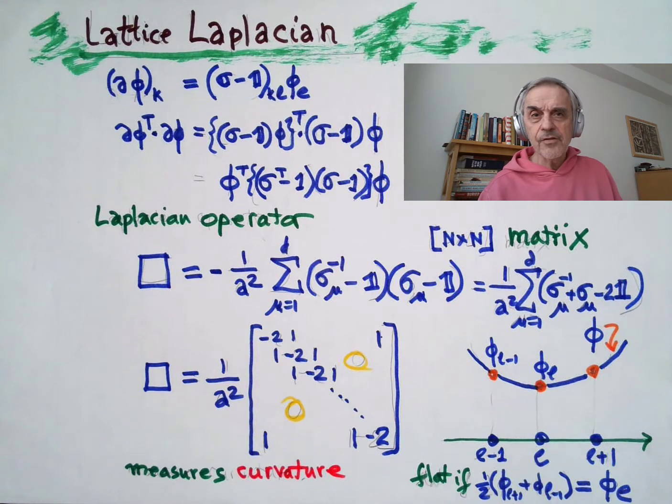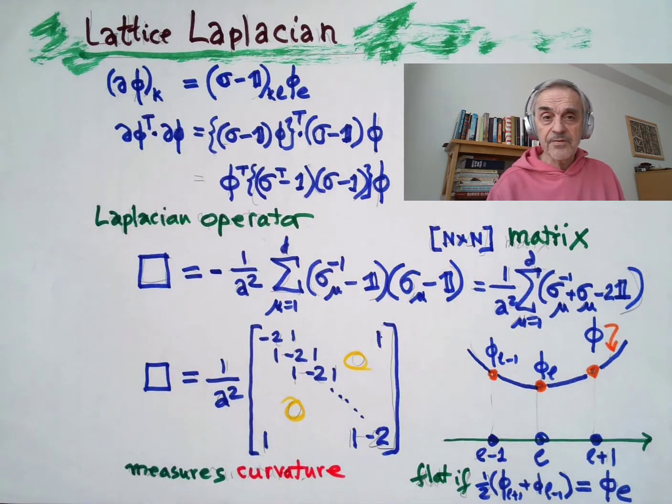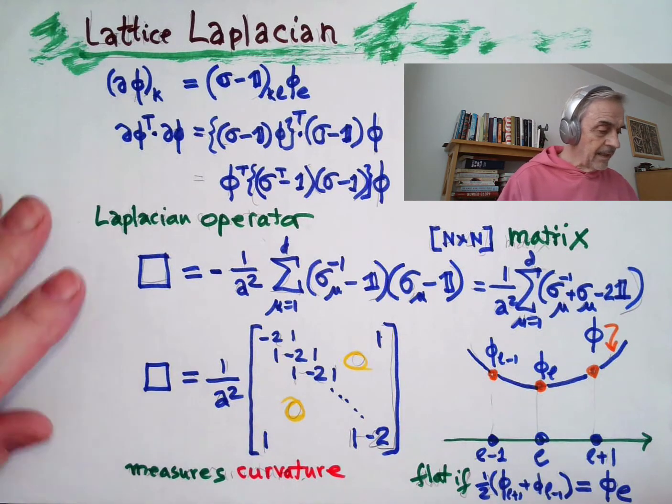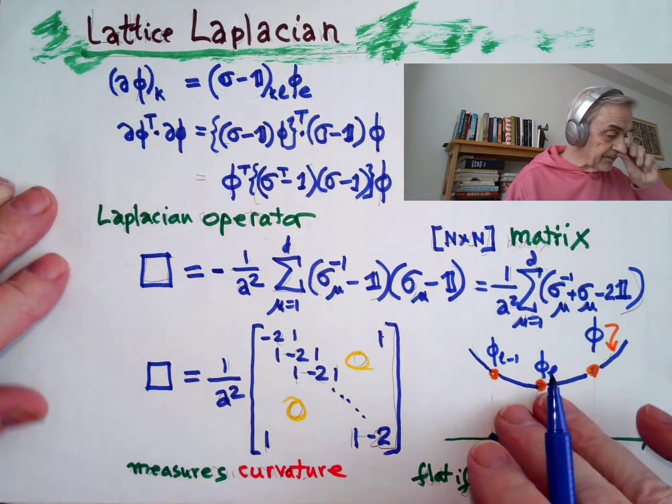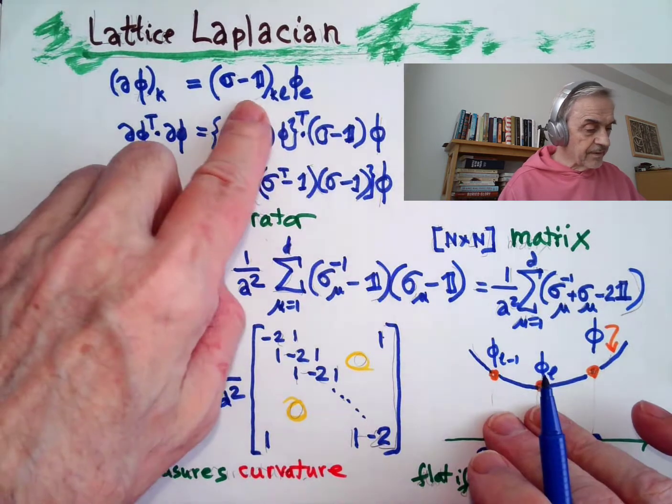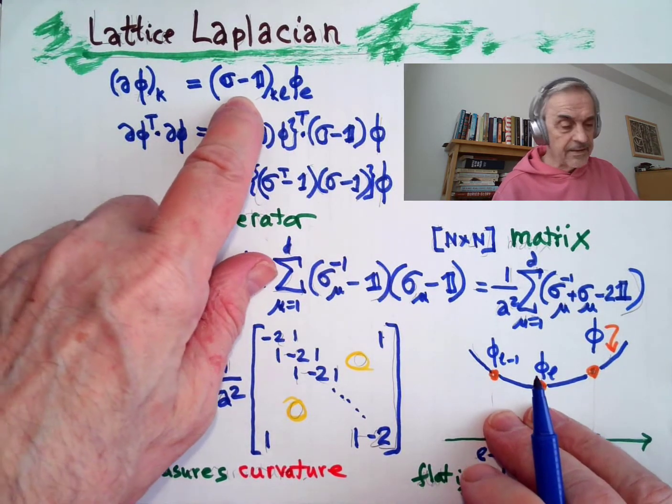Also in engineering, when you're computing cost functions, typically they are quadratic cost functions, the simplest one. And they will have the lattice Laplacian stuck into them. And you know, the lattice Laplacian was very obvious. This was a first order derivative.